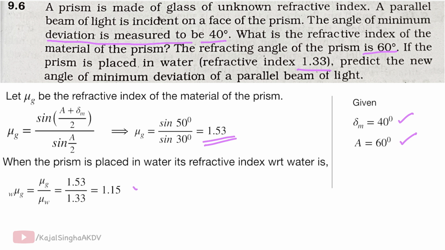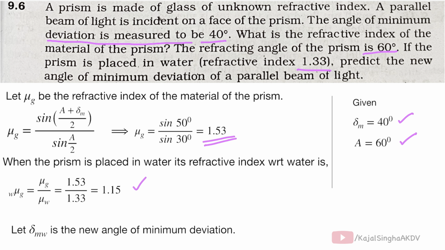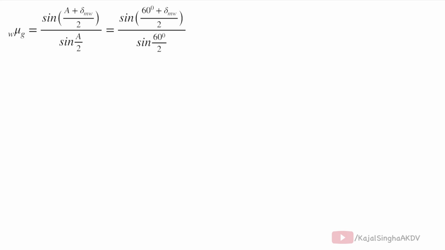Let delta mw be the new angle of minimum deviation. So again, we use the equation w mu g equals sine (A plus delta mw) by 2 by sine A by 2, or sine (60 degree plus delta mw) by 2 by sine 60 degree by 2, where we have put the value of A, which is equal to 60 degree.